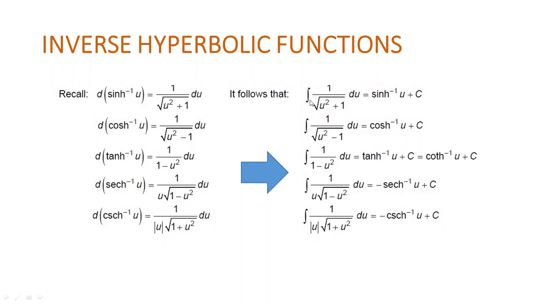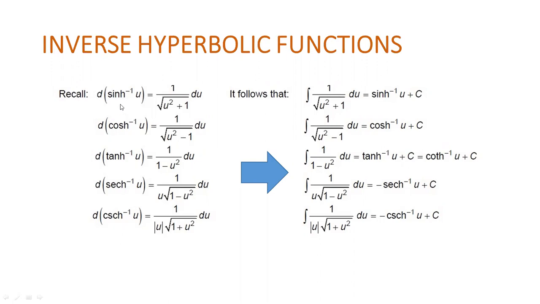Now, the difference of the hyperbolic function with the trigonometric function is in some way the signs that separate the a squared and the u squared, or the 1 plus the u squared, and the radical sign that is present in the denominator of some of the expressions, whereas in the other, there isn't any radical sign or square root sign. Now, as a review, in your differential calculus, we know that these are the derivatives of the following inverse hyperbolic functions.